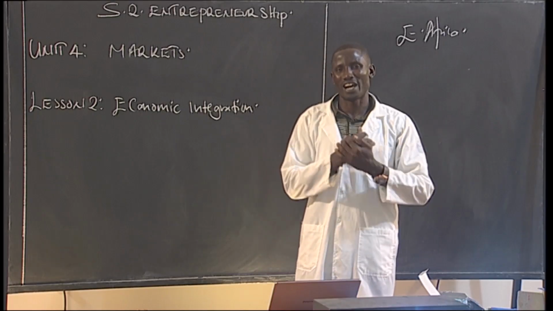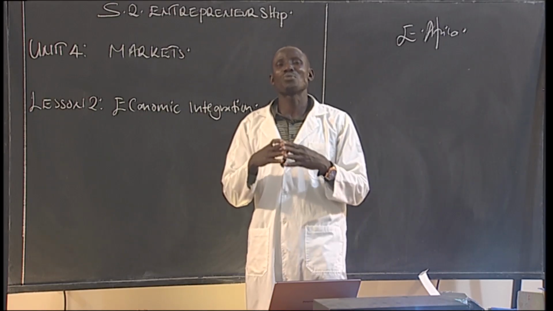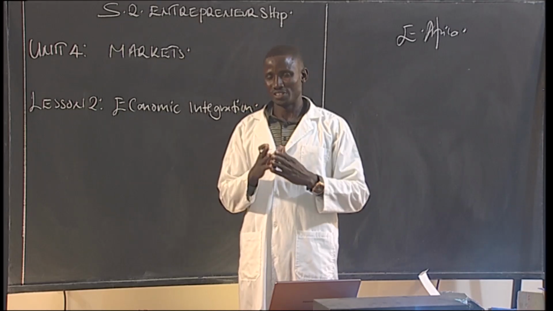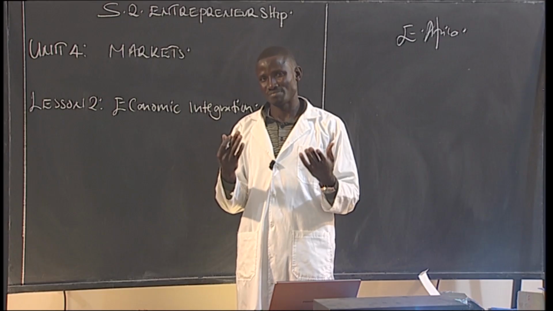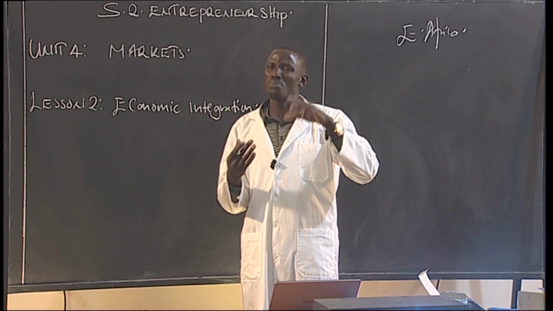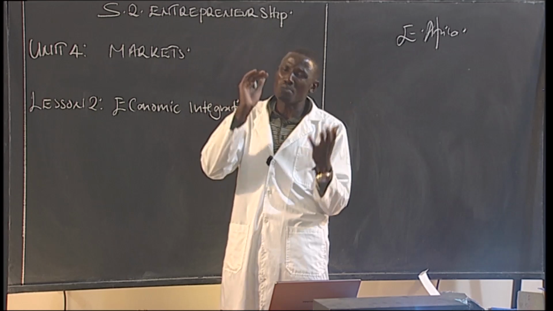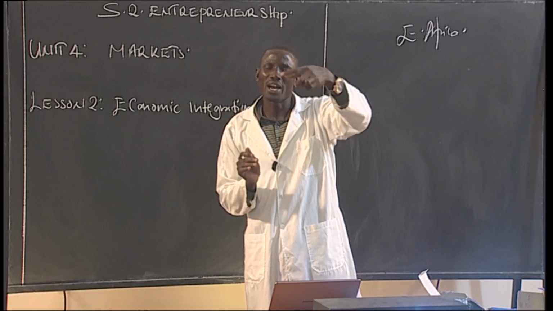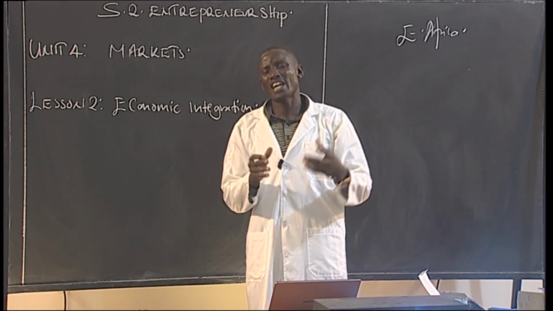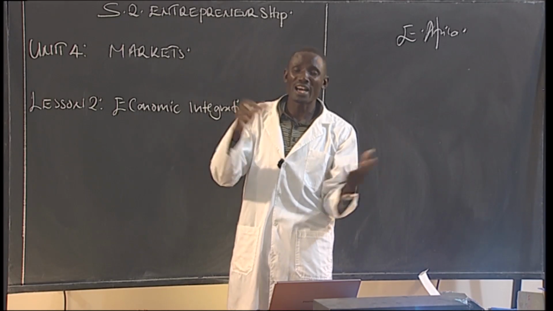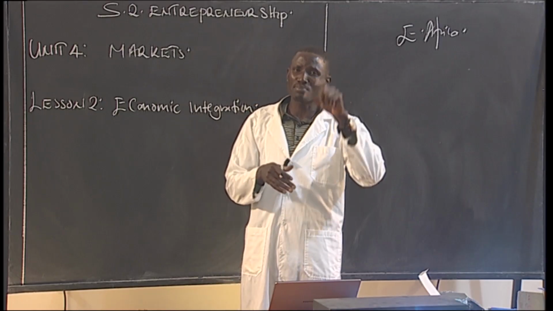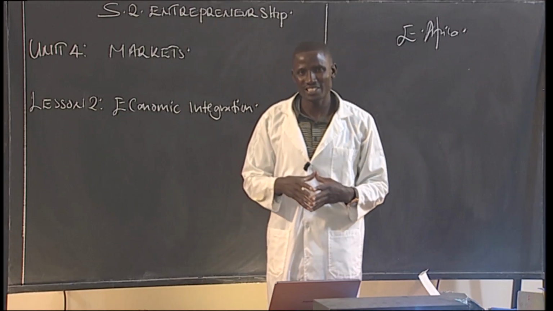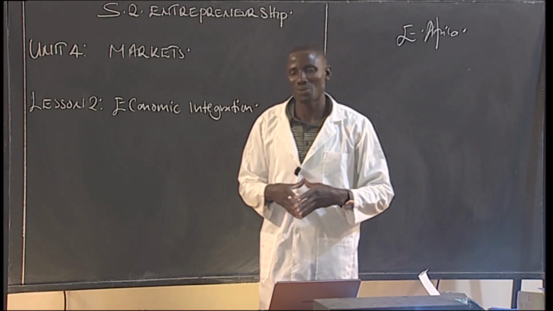Though Rwanda can trade with, for example, Algeria or Tunisia, economic integration is more successful with our neighboring countries. Why? They are close together, so transport costs are not expensive.